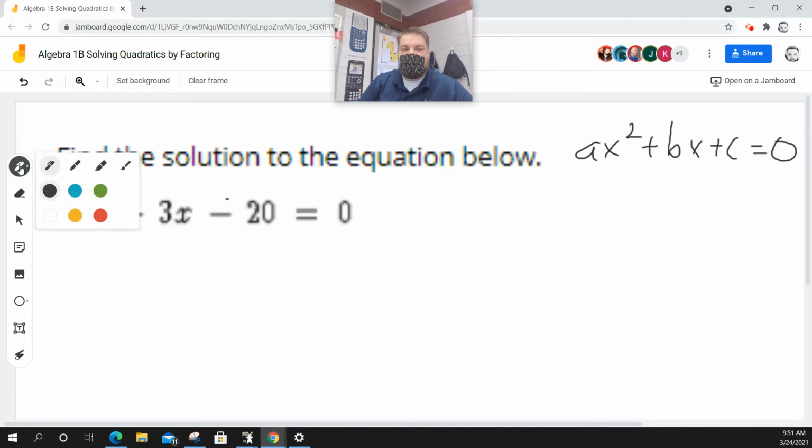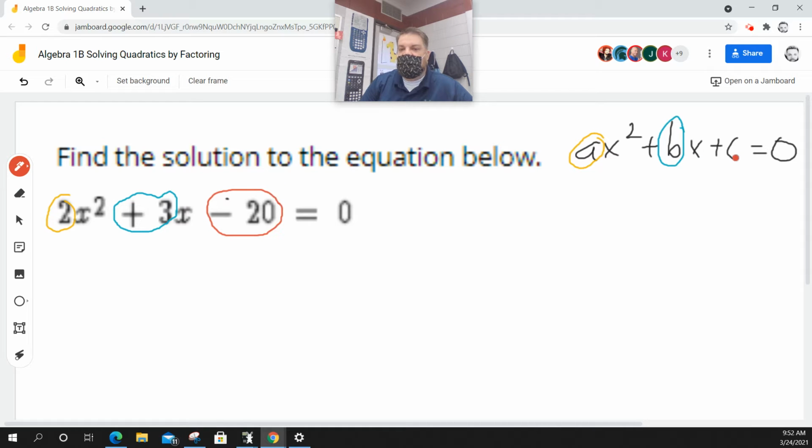And remember that the A part is just the number in front of x squared. Remember that the B part is just the number in front of, and the sign in front of, x. And then the C part is just the number by itself, okay?